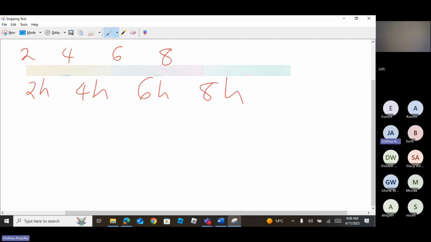The first question, find the value of H. The second question, if the tetrahedron is tossed twice, find the probability that it lands on the side marked 8 in the two tosses.